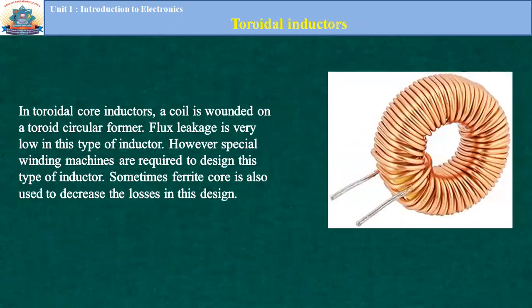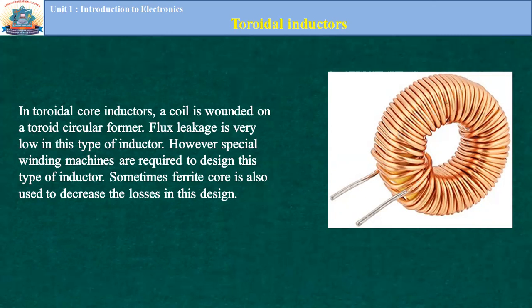Then toroidal inductors. This has a shape like a toroid. The coil is wound in toroidal fashion along this circular toroidal core. Flux leakage is very low in this type of inductor. However, special winding machines are required to design it.